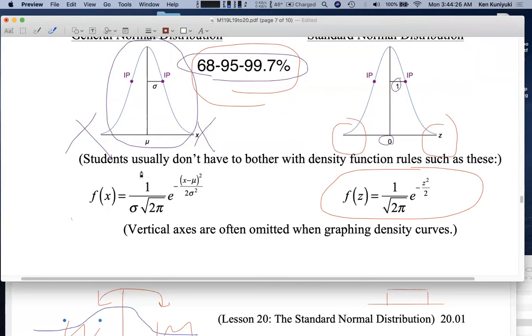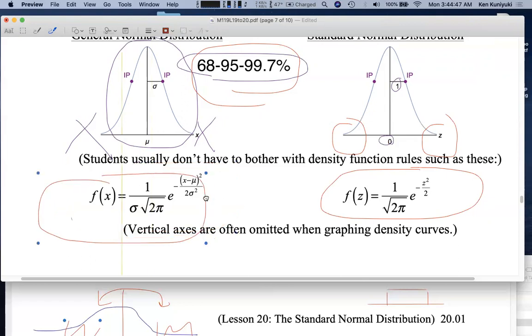In general, for mean mu and standard deviation sigma, here's the formula for the function. Bear in mind, the standard normal is just a special case of this, where x equals z, the mean mu is 0, and the standard deviation sigma is 1.